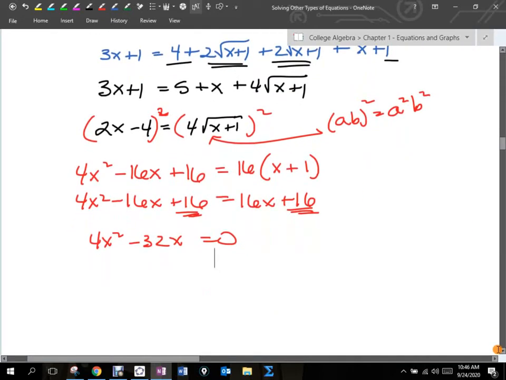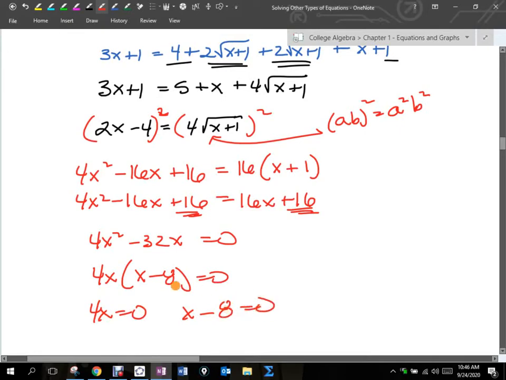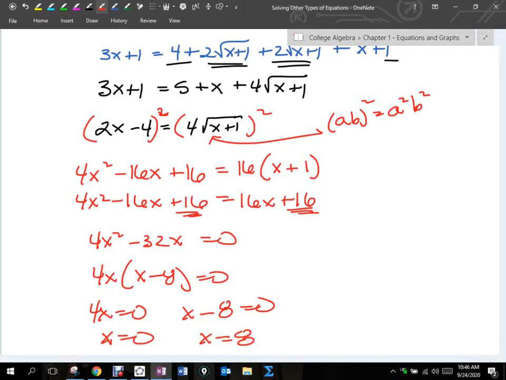So let's take that 4x out. And we're left with x minus 8 equals 0. Can I divide both sides by 4? Or do this first. And I could divide both sides by 4 if I wanted to before here. But when I do that, is x 0? Is x 8? Does that make sense?